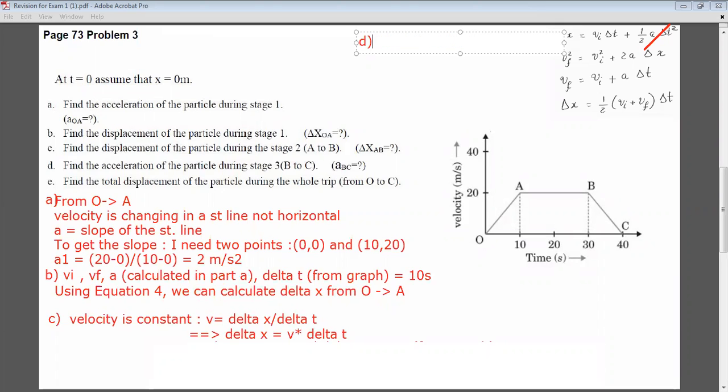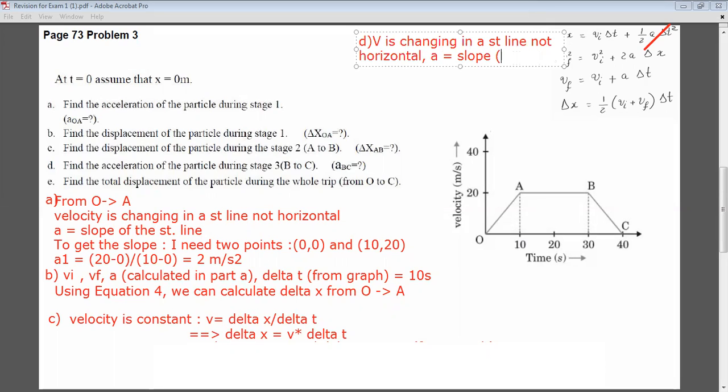Okay. Here, the other way to do it is to say that V is changing exactly the same way in a straight line, not horizontal. So A is equal to the slope, and I need to choose 2 points.